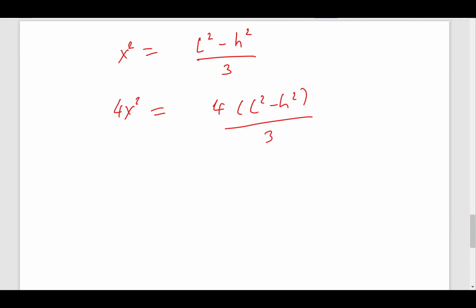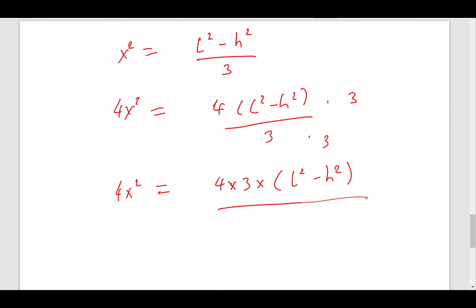So you can multiply here by 3. You can multiply here also by 3, so that you have 4x square equals 4 times 3 times in the bracket l square minus h square over 9.